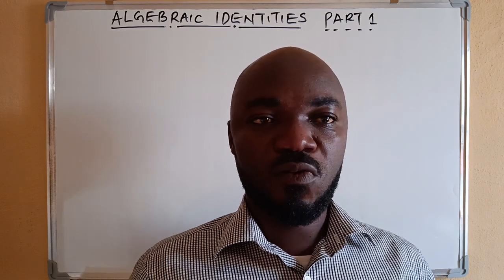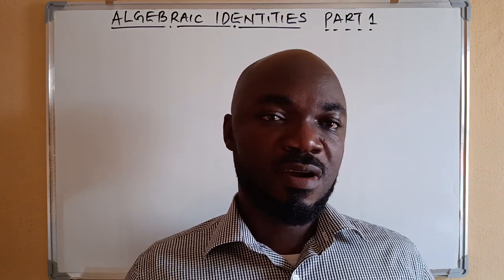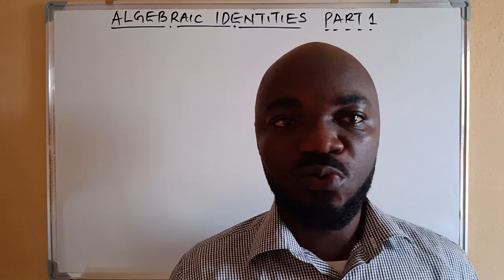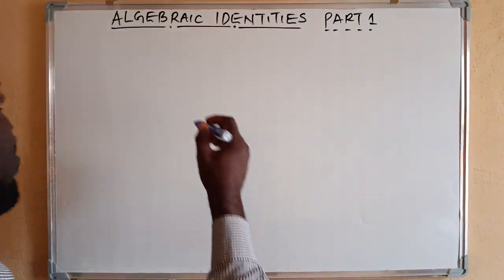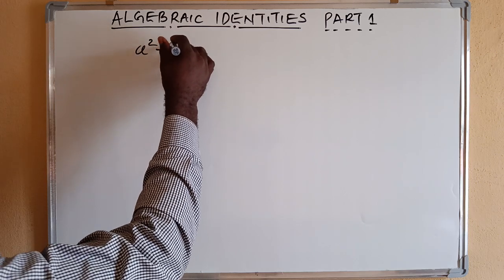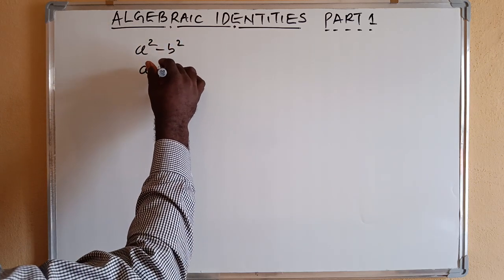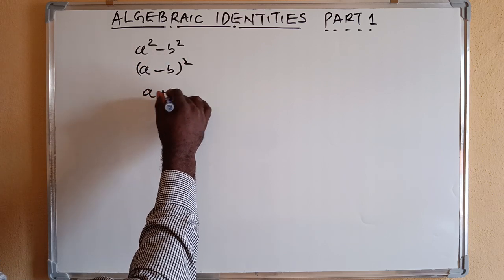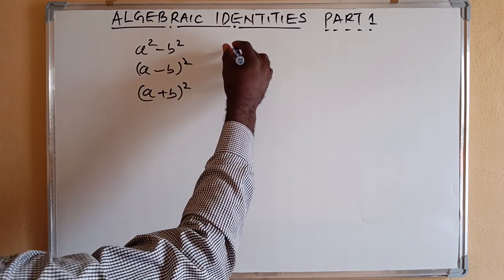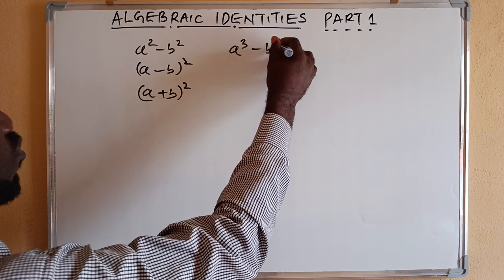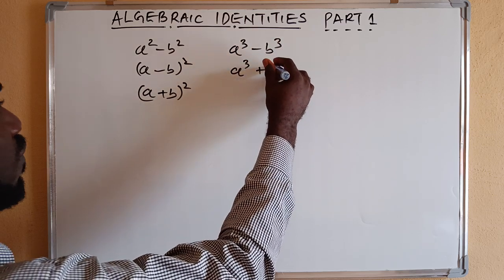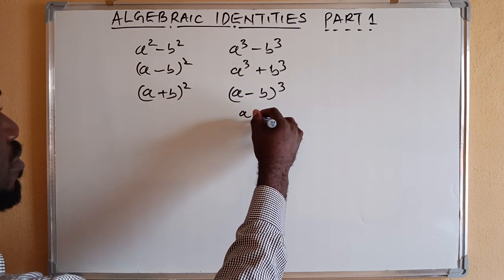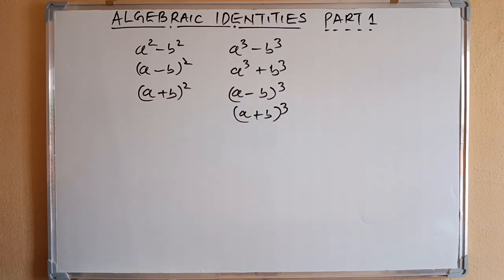We are going to solve some simple problems involving algebraic identities. Many persons know these identities, but they don't know how to prove them. For example, we have a square minus b square, the square of a difference, the square of a sum, the difference of two cubes, the sum of two cubes, the cube of a difference, and the cube of a sum.